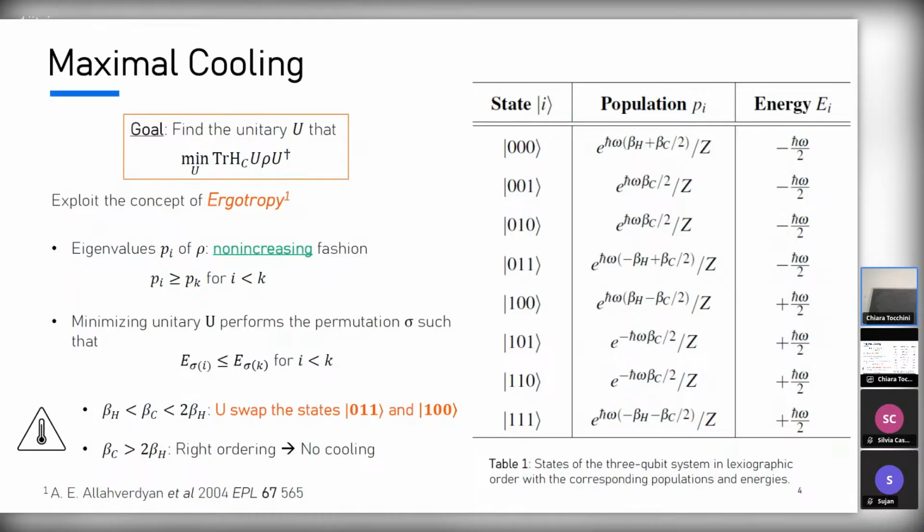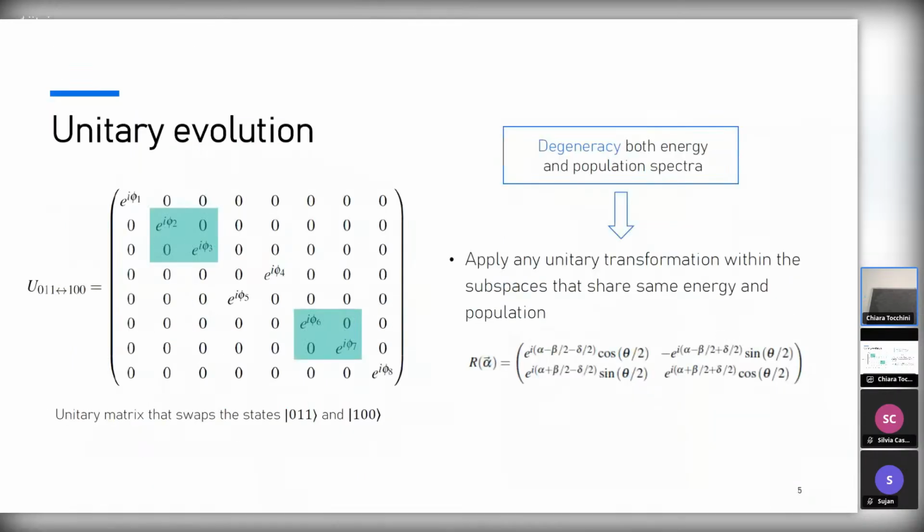So the unitary that implements this is just a swap of these 2 states. In the other range of temperature, we already have the right ordering, so no cooling is possible. This is the form of the unitary matrix that swaps the 2 states here.